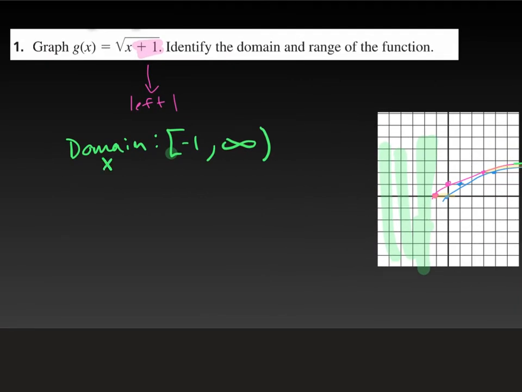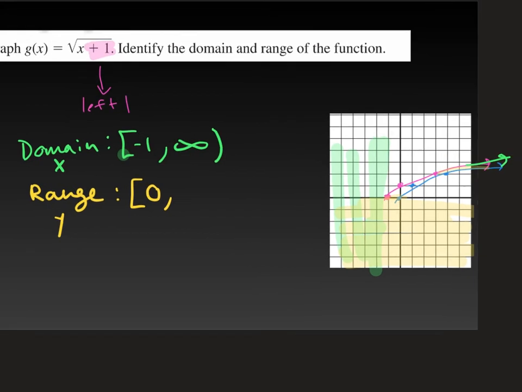So just remember, domain is x values, range is y values. So what is our smallest y value we have? If we start down here, where does our graph start? What y value does our graph start at? 0.